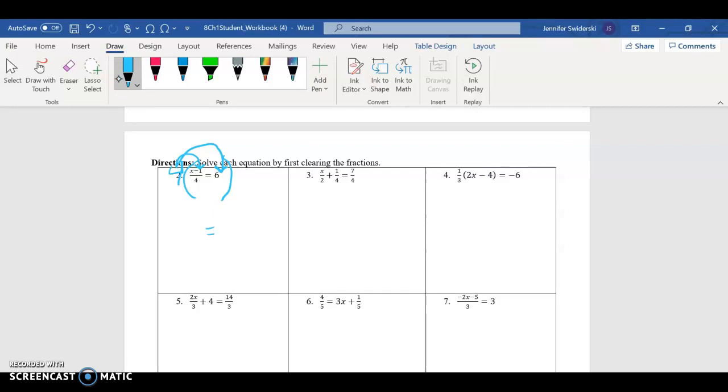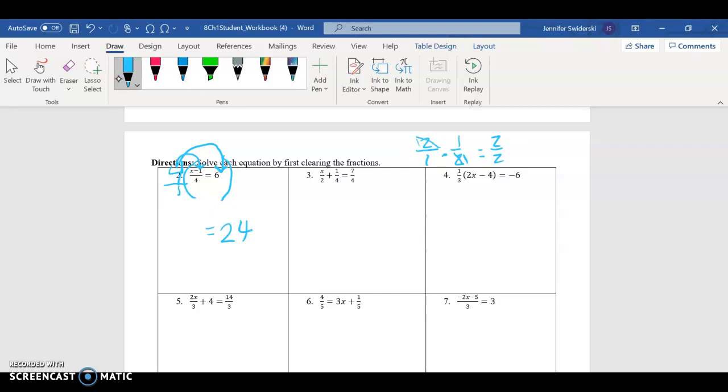What is 4 times 6? 24. Now when I multiply 4 over 1 times (x - 1) over 4, that's the same as saying, what is 2 over 1 times 1 over 2? 2 times 1 is 2, 1 times 2 is 2. I get 2 over 2 or 1. Some of you were taught to cross simplify.